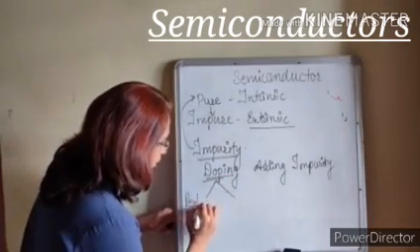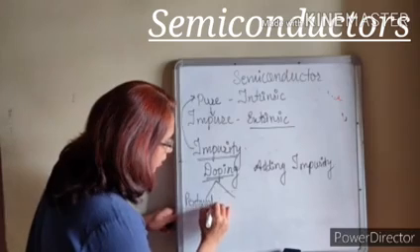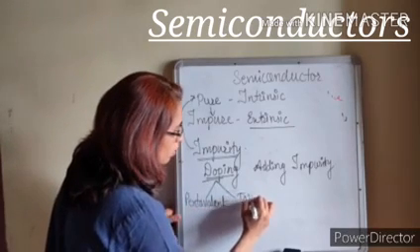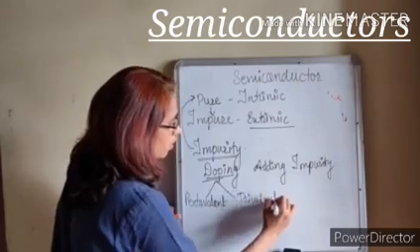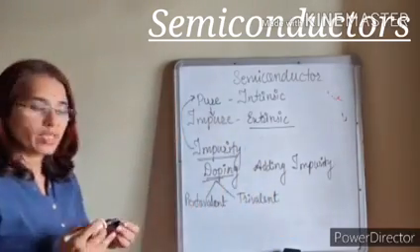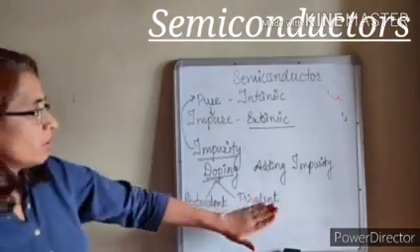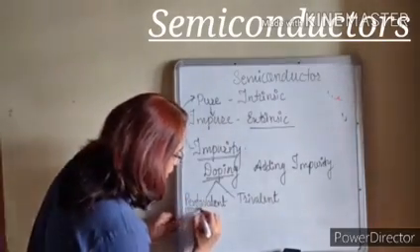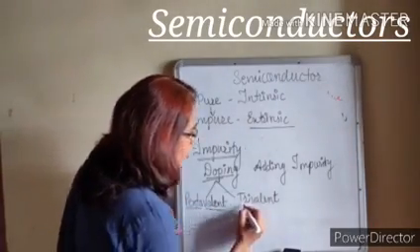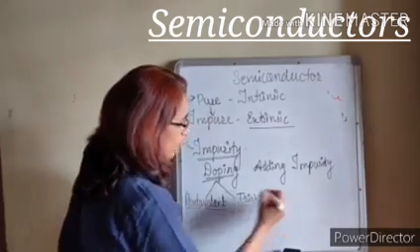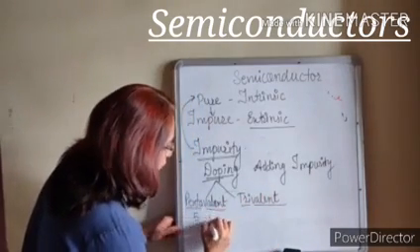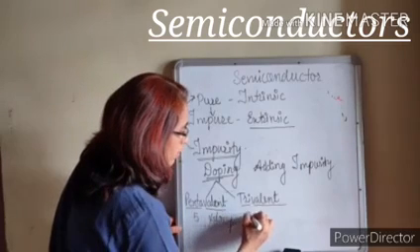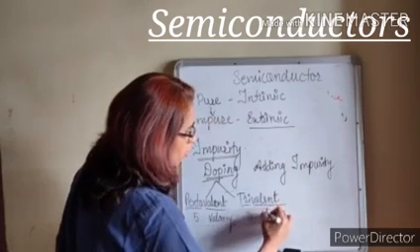pentavalent doping and trivalent doping. With the name only we can understand what is pentavalent and what is trivalent. Penta is 5, valent is valency. Tri is 3, valent is valency.